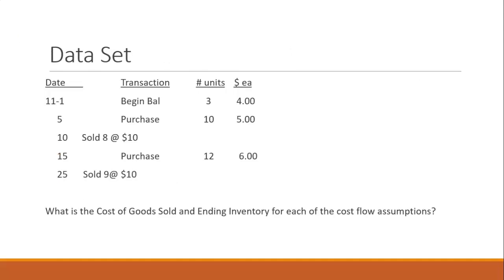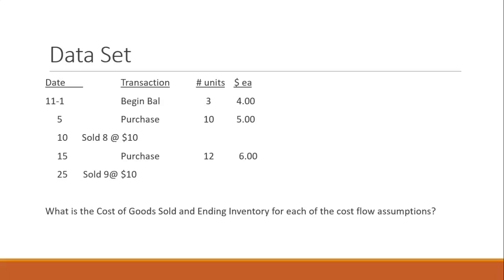Here is the data set that we're going to use to calculate using FIFO and LIFO. On the 1st of November, we already had 3 units sitting in inventory, and they had originally cost us $4 a piece.